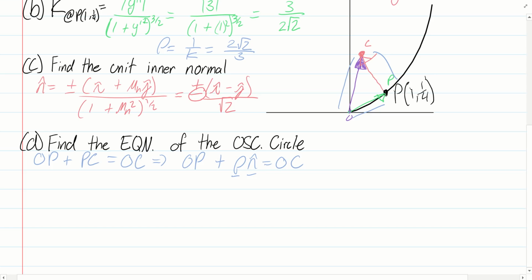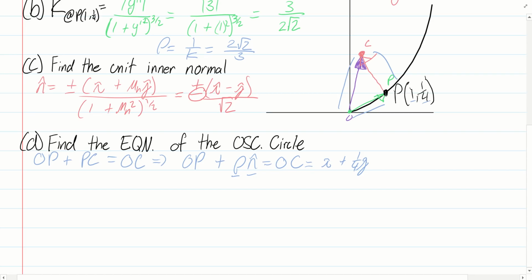So now what we have to do is substitute in the vectors for all of these to solve for origin to center. So this will equal OP, which is just origin to point, which is essentially putting your x point for your i and your y point for your j. So i plus 1/4 j plus rho n hat.